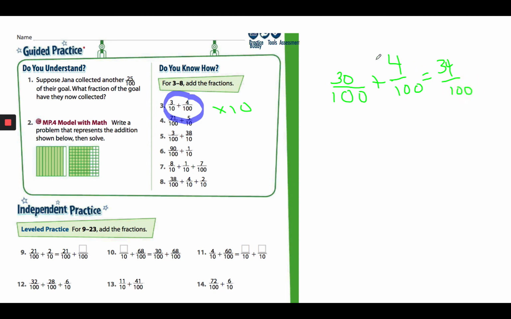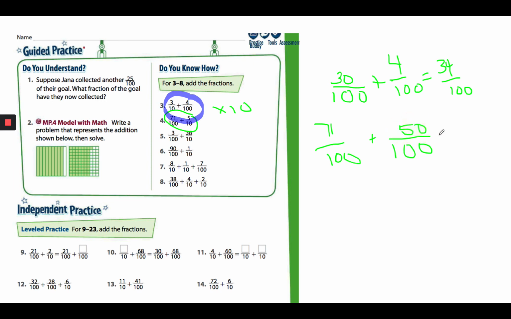Okay, let's try another one. Let's try this one right here. So we've got 71 hundredths plus 5/10ths, and of course we want to change that to 100. And I did 10 times 10 again, so 5 times 10 is 50.